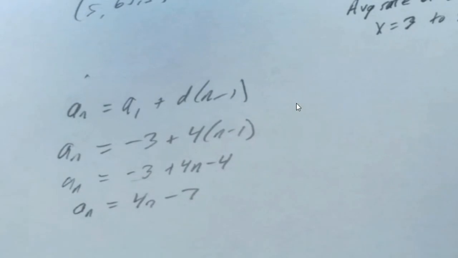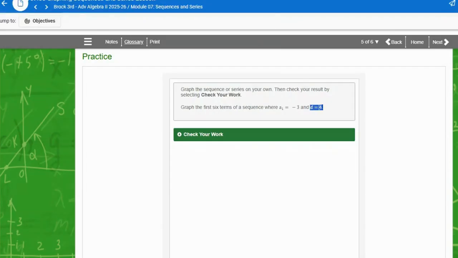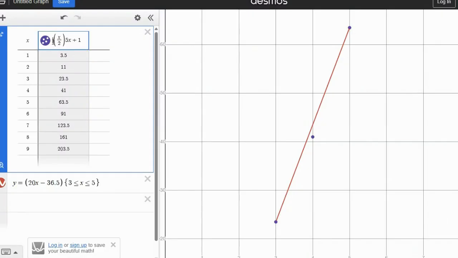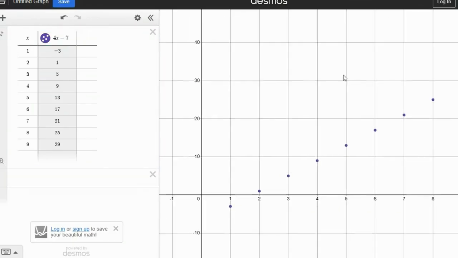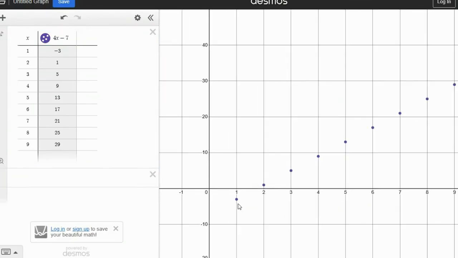So let's look what that graph looks like, and then we can check it. Remember, make them x's. It won't graph right. I'll get rid of this one. Okay, this is what our graph looks like. The first term is negative 3, but it's going up 4 each time.